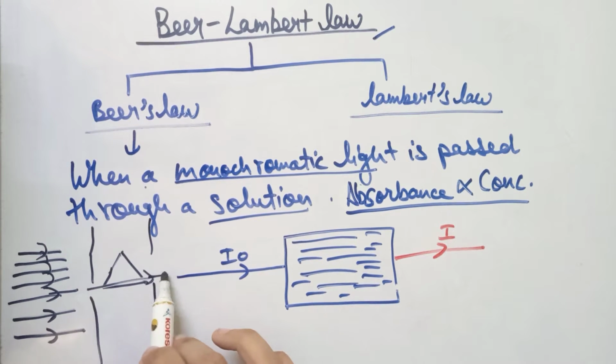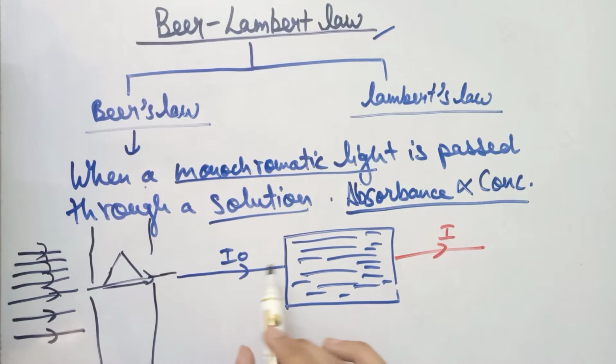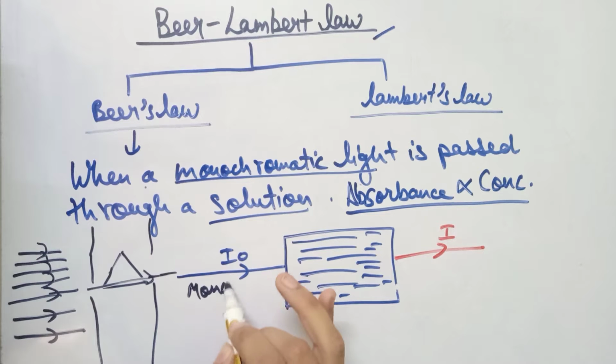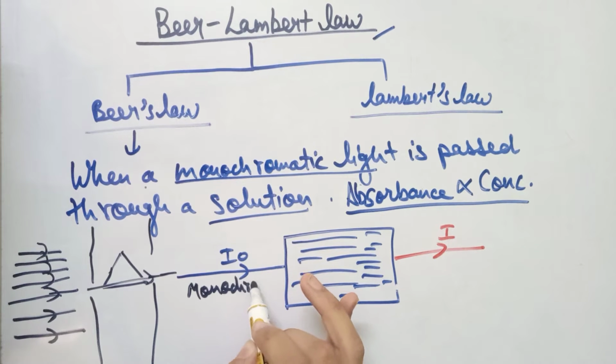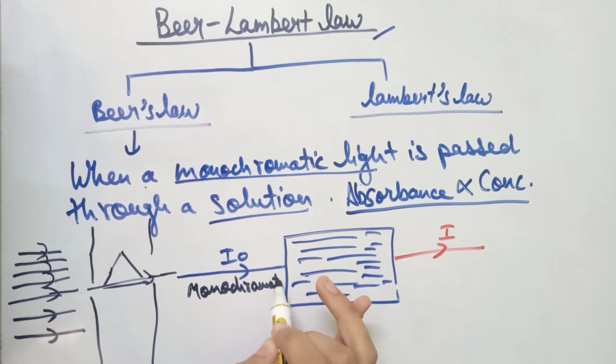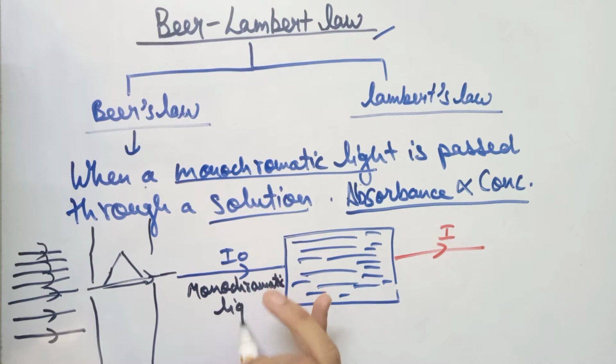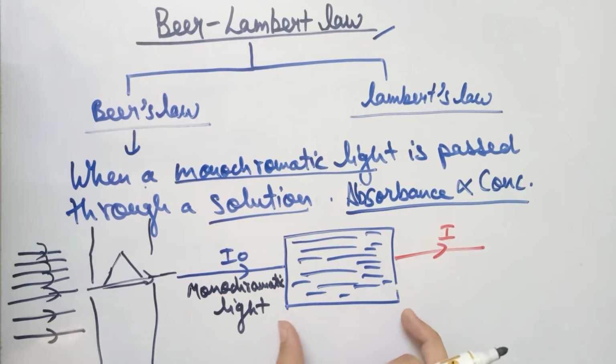The monochromatic light then passes through this, and a fixed wavelength of monochromatic light then falls onto this solution of a certain concentration.